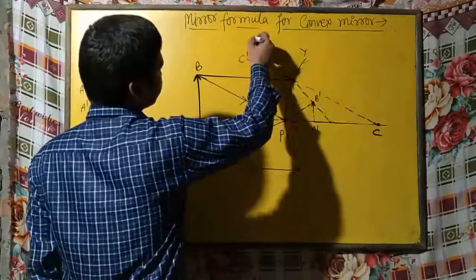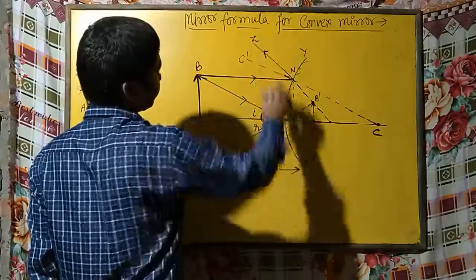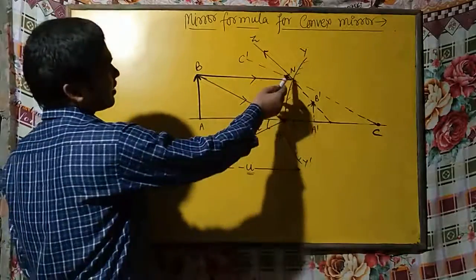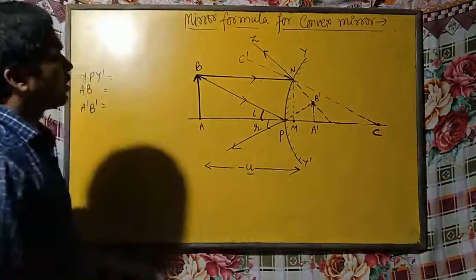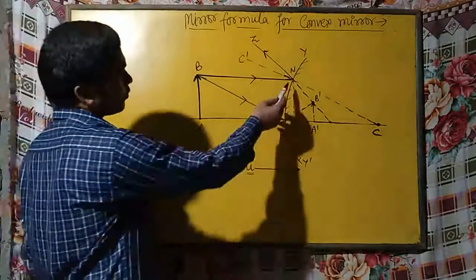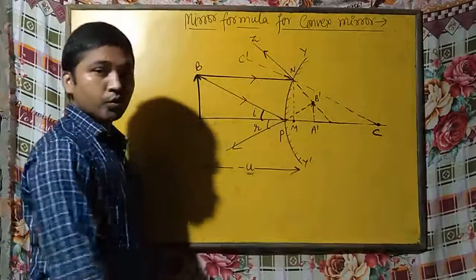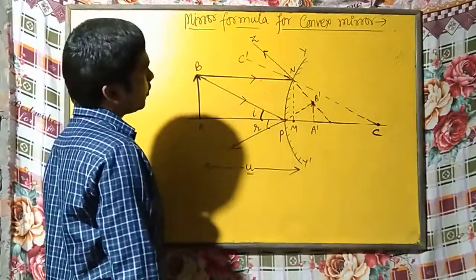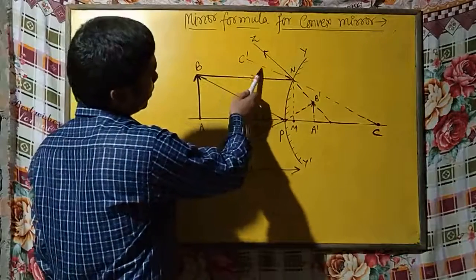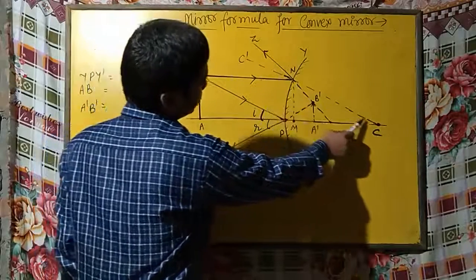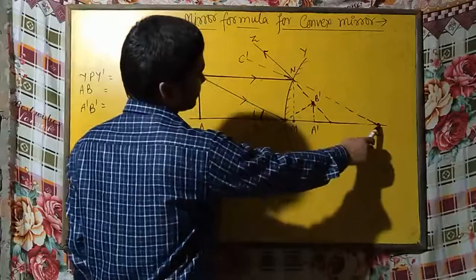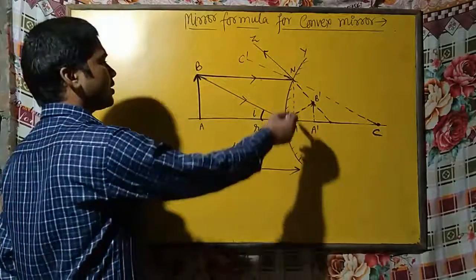Suppose this is some point Z, so the reflected ray travels in this direction towards Z. Now at the point of reflection you need a normal, so you can draw the normal like this, which intersects the principal axis at the center of curvature of this mirror.